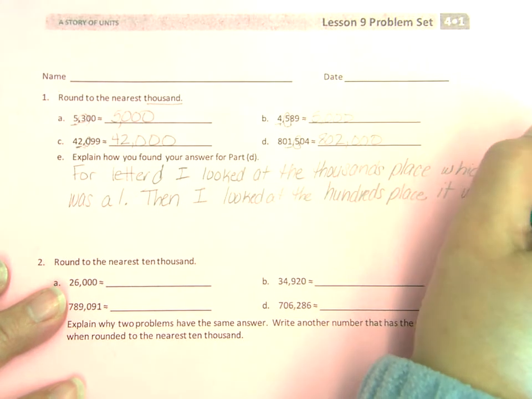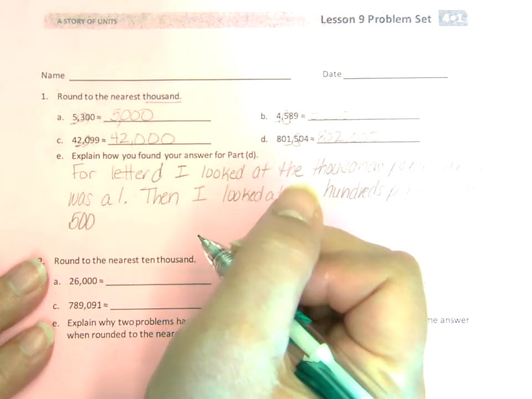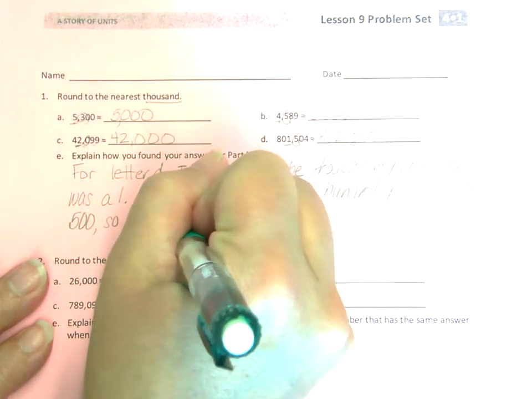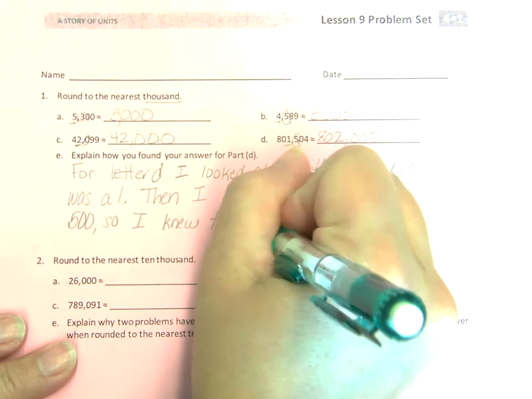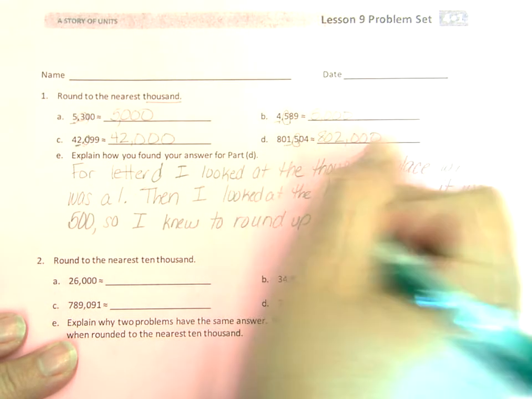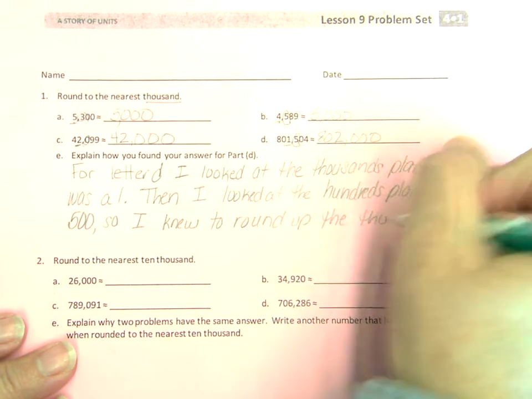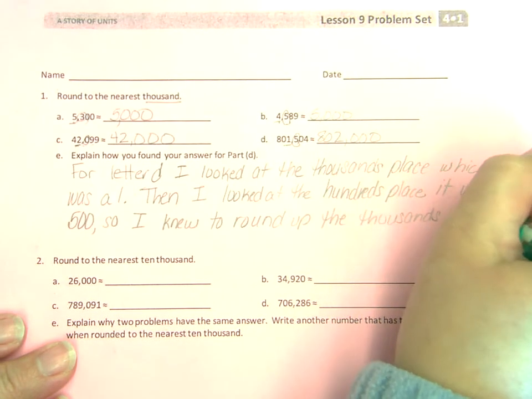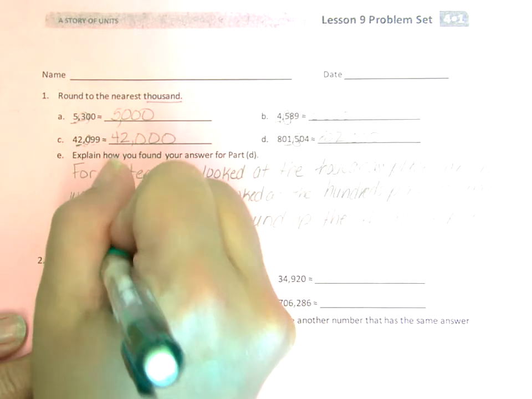It was 500. So I knew to round up the thousands place to 2,000.